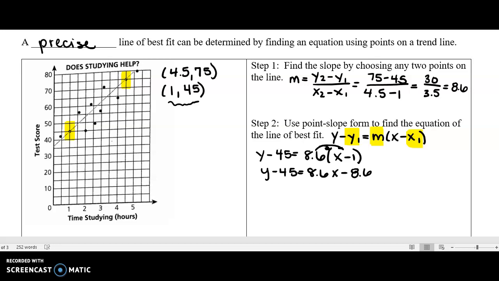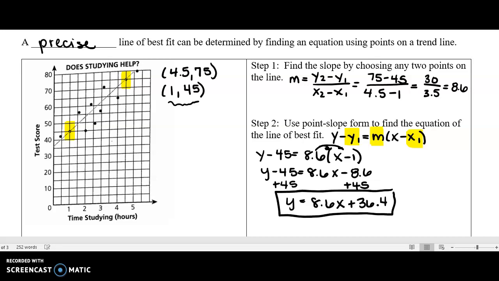And then I'm going to add 45 to both sides. That gives me 36.4. So that is our solution, just following those 2 steps. Okay, and none of that should be new to you. We've done this before.